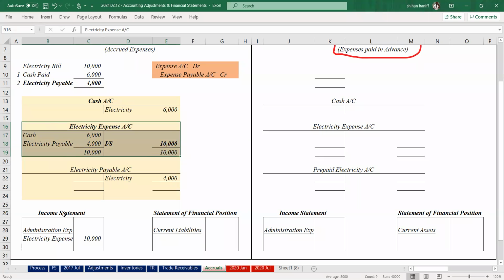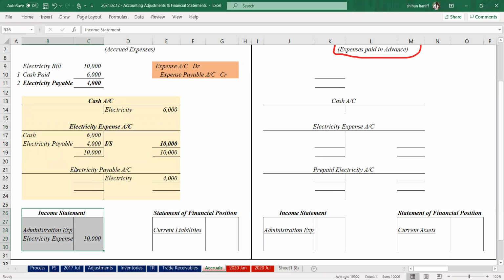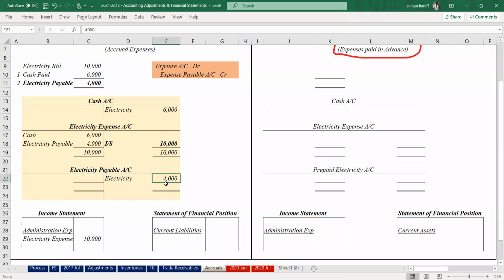The electricity payable account is a liability account, so this difference will be carried down to the next year. The balance brought forward 4,000 will be taken to the statement of financial position as electricity payable 4,000.